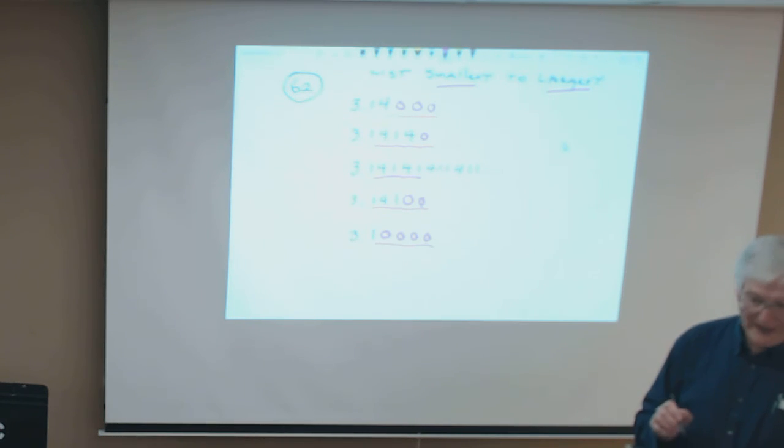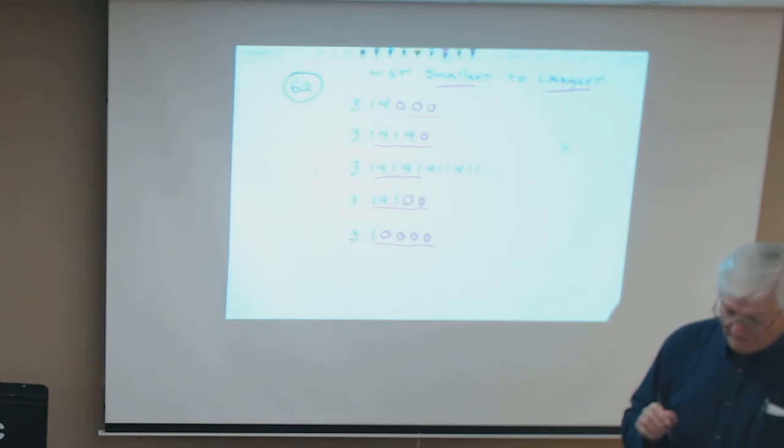Everybody follow that? Now look at the red lines I've made. Which one of these numbers, looking at the 5 digits, is smaller? Is this the smallest one? A. List them from smallest to largest. So which one's the next smallest after 10000? 14000?